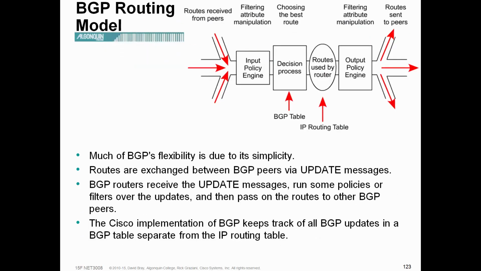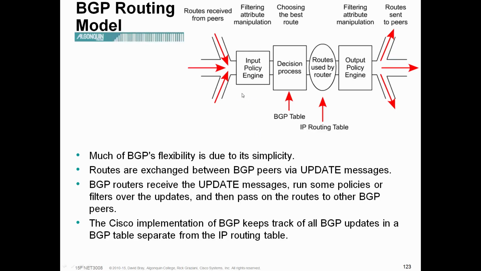So here's a picture that Cisco's provided with respect to how BGP updates flow and where the points are that affect the various tables. On the left here we see routes received from different peers, and they'll be filtered or manipulated, perhaps with attributes manipulated through, let's say, route maps or something similar.